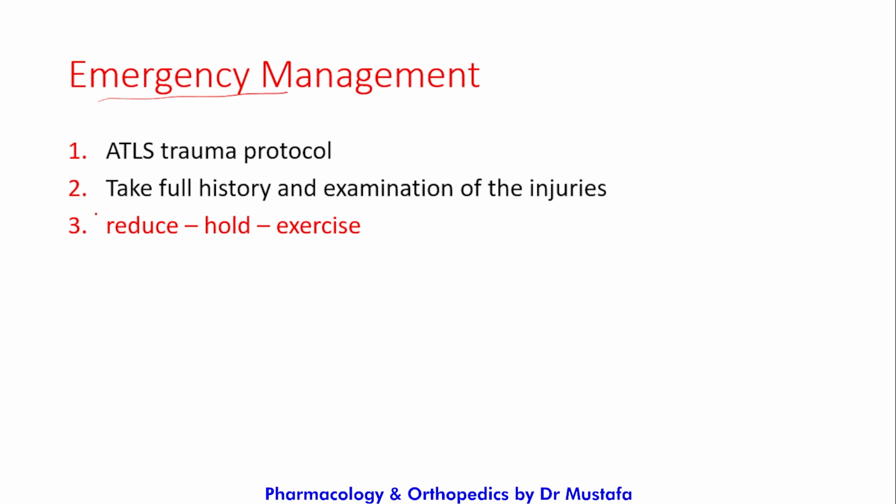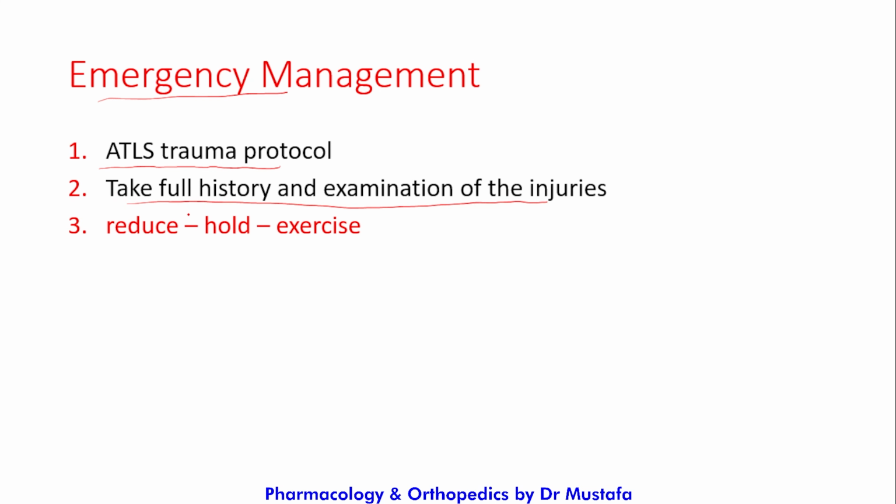When the patient first reaches the hospital, you need to use the Advanced Trauma Life Support trauma protocol to stabilize the patient. This protocol is explained in one of the previous videos in this series. It is called the Emergency Management of Trauma Patient ATLS protocol. The second step is that you take a full history and examination of the injuries.